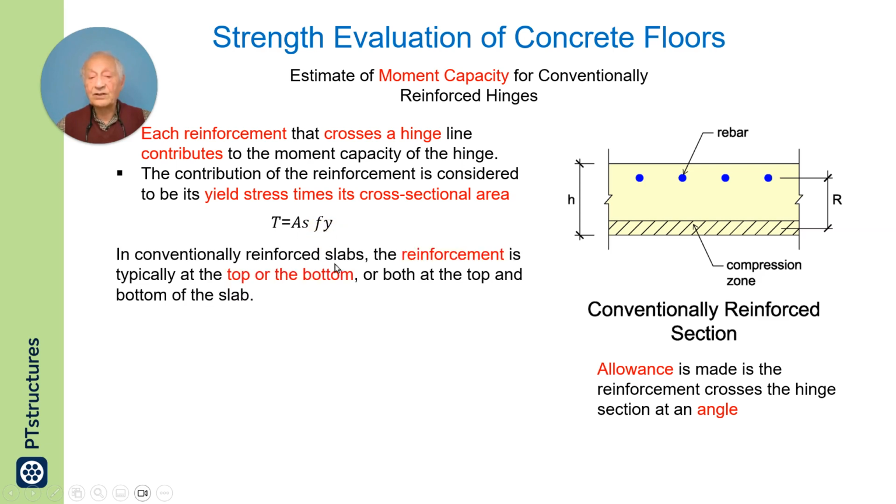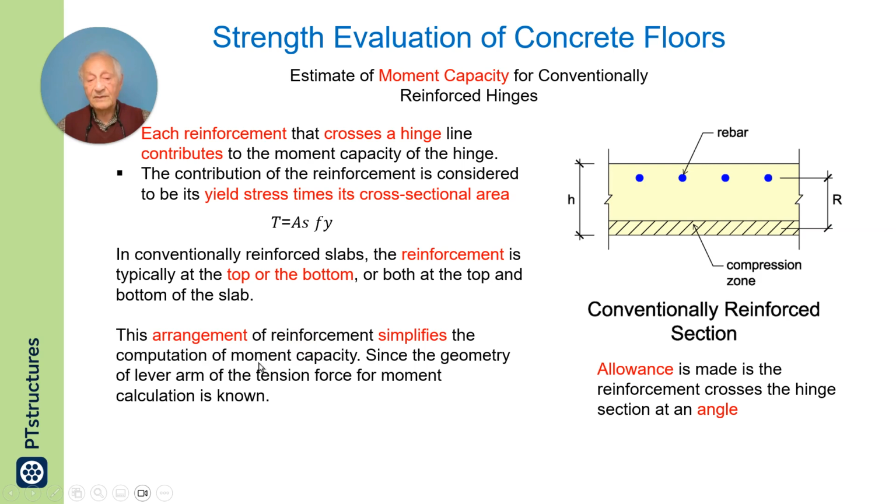For conventionally reinforced slabs, the reinforcement is typically at the top or the bottom or both at the top and bottom. The arrangement of reinforcement simplifies the computation of moment capacity, since the geometry of the lever arm of the tension force for moment calculation is known.